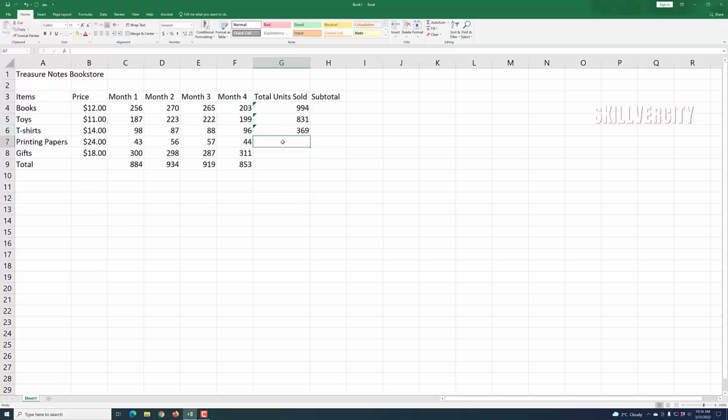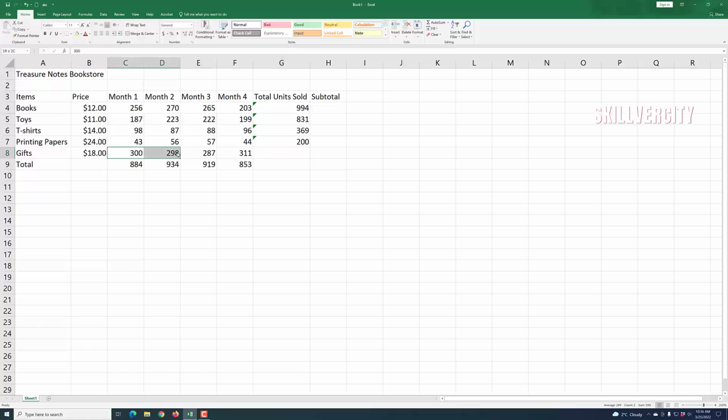Let's try that again. Enter the equal sign, sum, because we are adding, open parentheses, and then select the cells that I want to include, close parentheses, and then enter. That I have that.